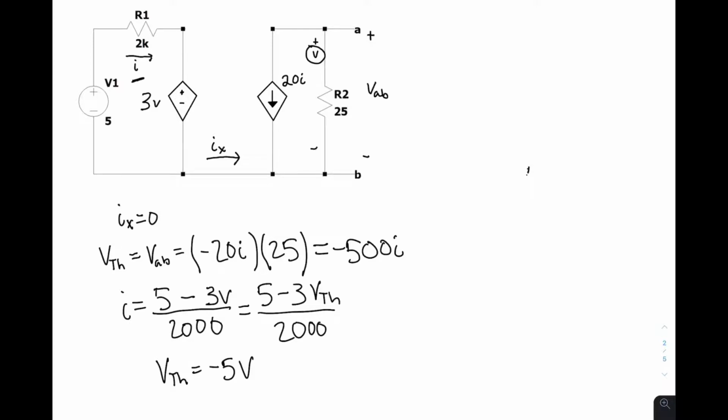So we're going to draw a short circuit element between A and B. So we'll draw a label for our short circuit current. When the terminals A and B are shorted together, the control voltage V is now reduced to 0. So since it's 0, our dependent voltage source is now going to be deactivated.